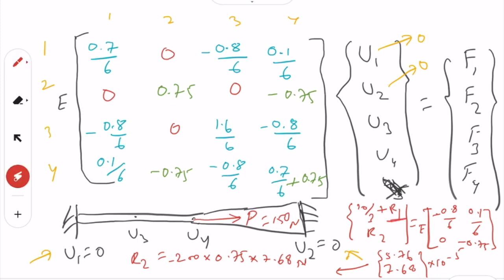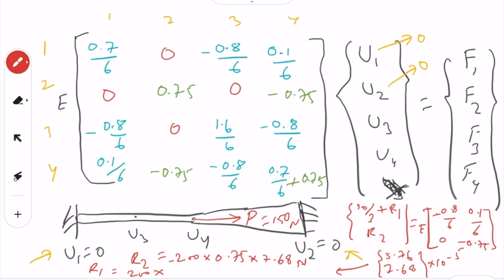Okay, and similarly you get the value of R1 as well. So R1 will be equal to 200 multiplied by this multiplied by this multiplied by this, minus 10 over 3.